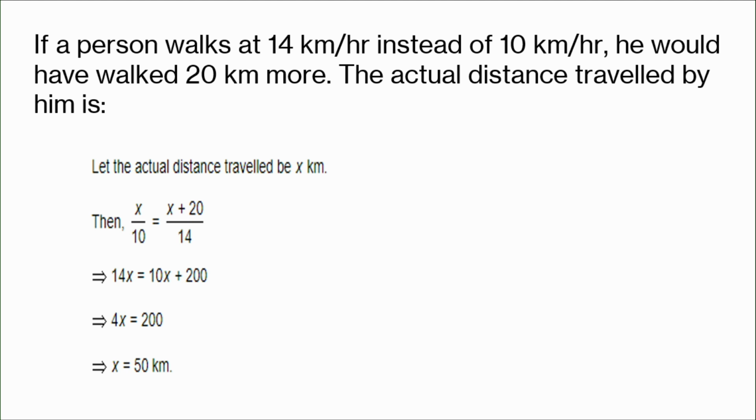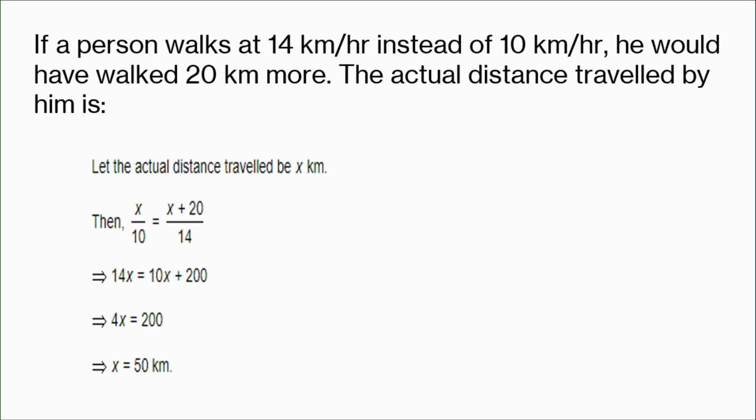Means if he increases his speed of walking, then he can walk 20 kilometers more. So when he increases the speed by 4 kilometers per hour, from 10 to 14 kilometers per hour, he will walk 20 kilometers more. Then what is the distance travelled by him? That is the question. Okay. So actually here we don't know the actual distance.